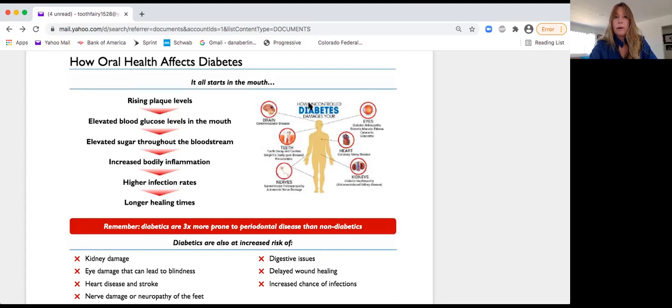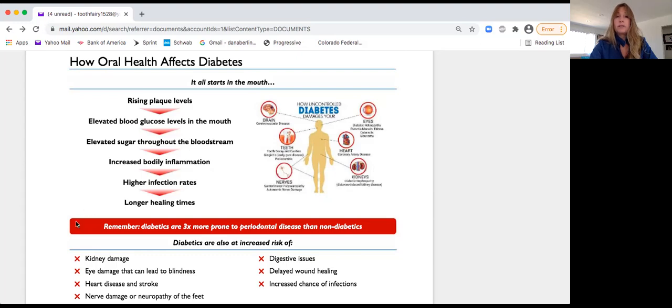So, how is uncontrolled diabetes affecting the body? The brain, the teeth, periodontal disease and gingivitis, nerves, you get neuropathy in your feet, eyes, retinopathy, the heart, heart disease and stroke, and the kidneys are affected even more.